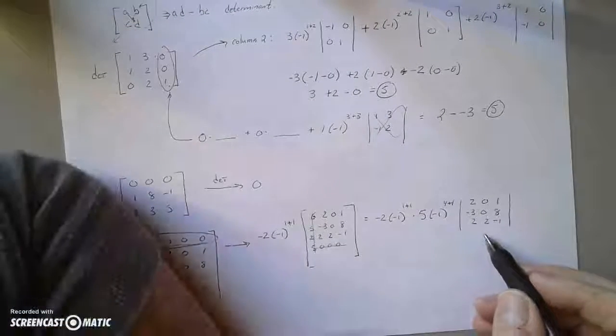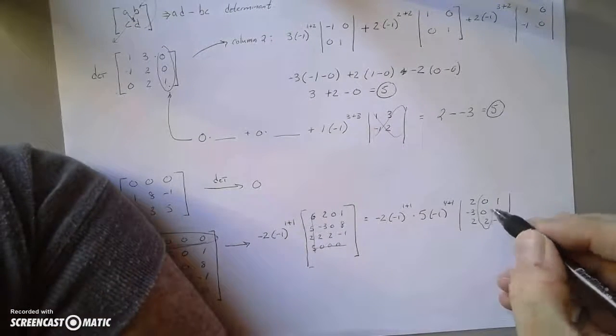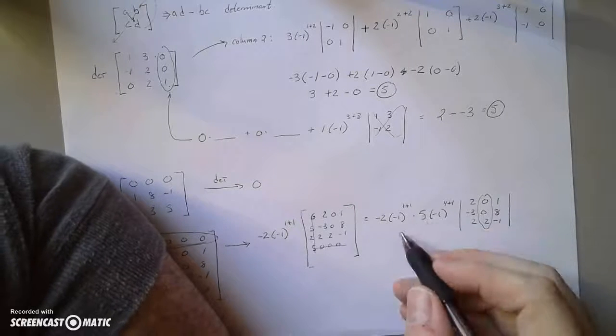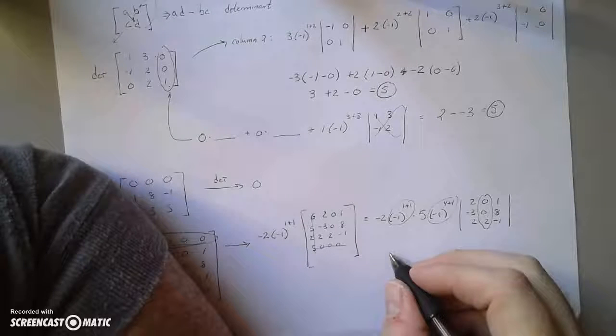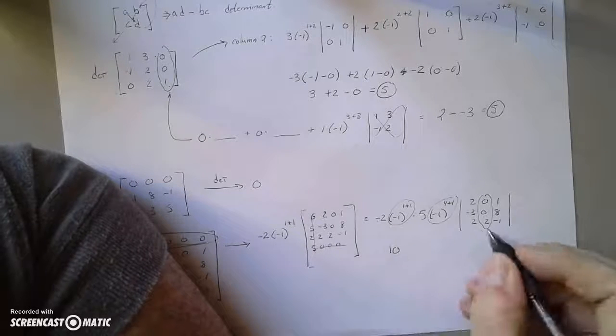But this 3 by 3 determinant is fine if you choose this middle column. How are we doing here? So this is a positive 1, this is a minus 1, there's a minus. So this is 10 so far.